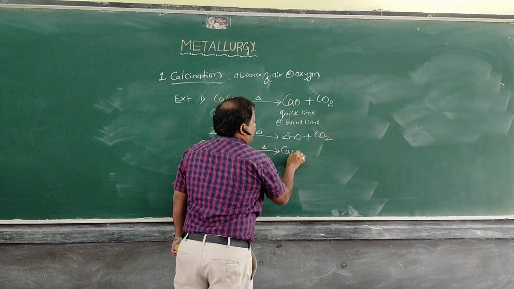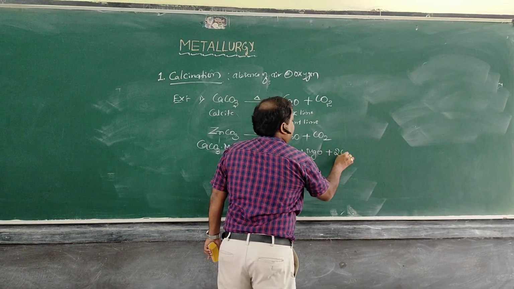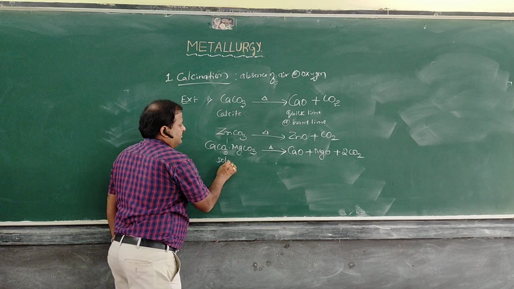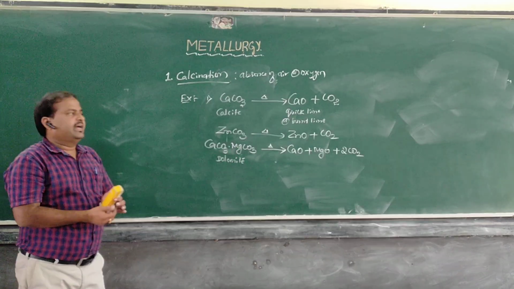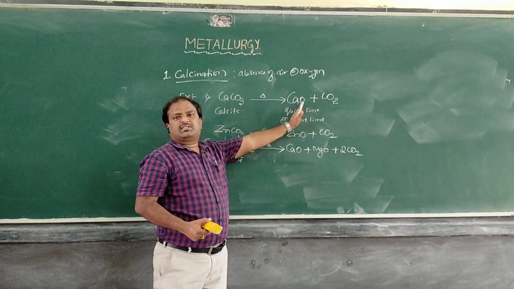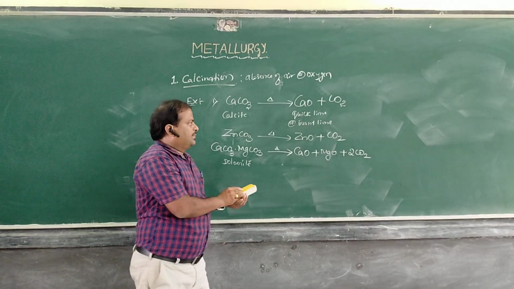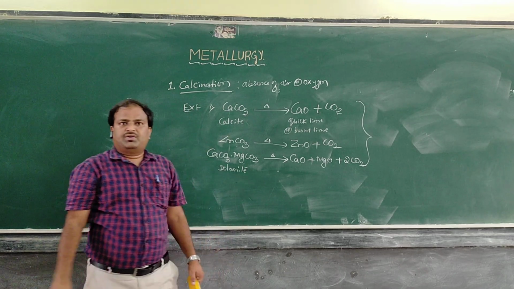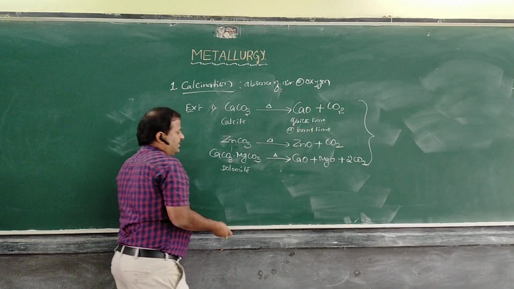We get calcium oxide, magnesium oxide and 2 carbon dioxide. So these are examples where the carbonate ore is converted to oxide ore by calcination. Here the product carbon dioxide is produced along with the metal oxide.